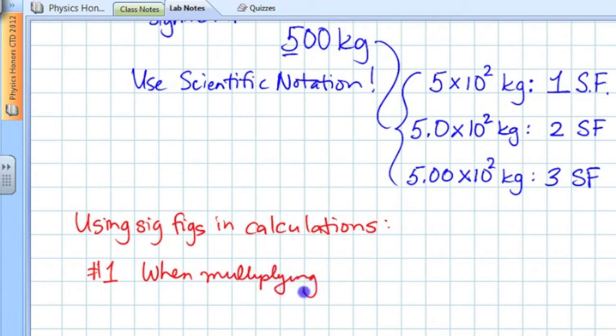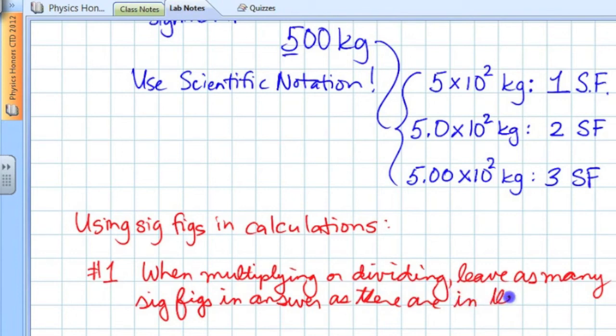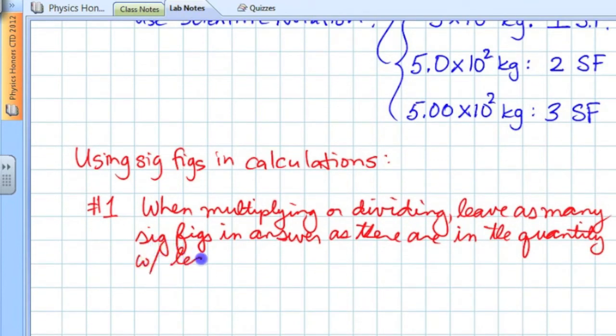Okay, so when multiplying or dividing, you leave as many sig figs in the answer as there are in the quantity going into the calculation with the least amount of sig figs.